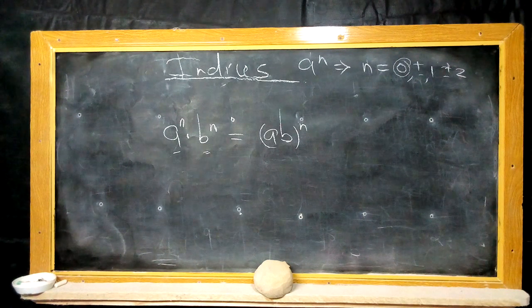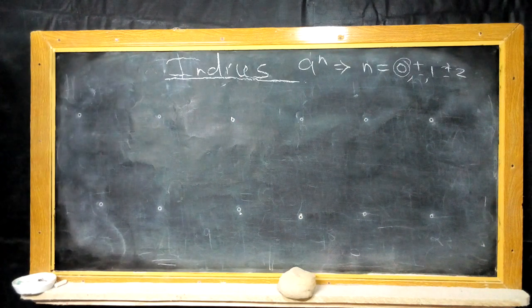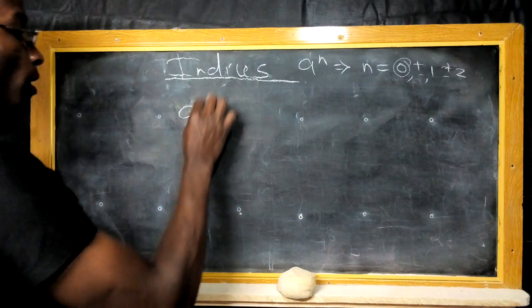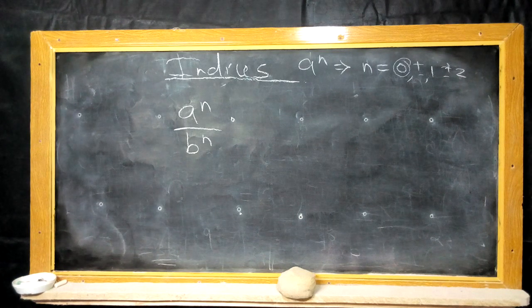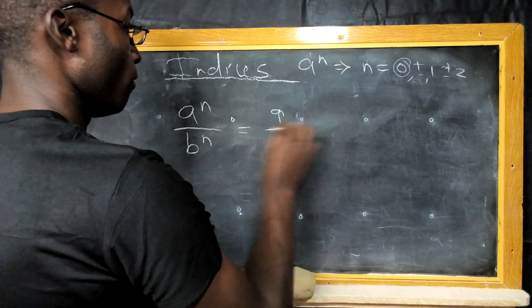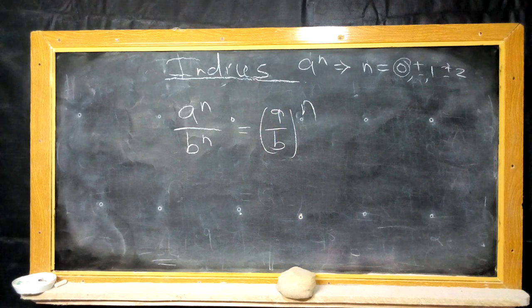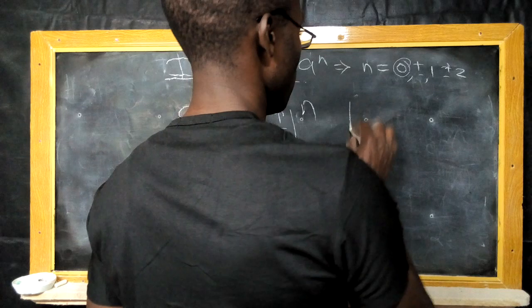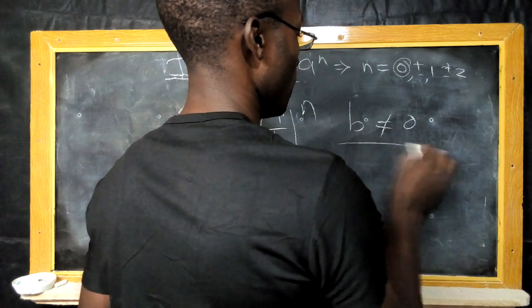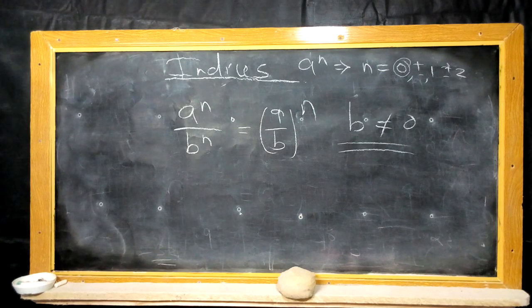And likewise, suppose we had a fraction of these 2, which is a raised to n over b raised to n, with the same exponent. Then that one is going to be expressed as a over b raised to n. For this case, we said that for a fraction of this kind, there is a condition that the number b, which is the denominator, is not equal to 0, because it will be indeterminate in that case.